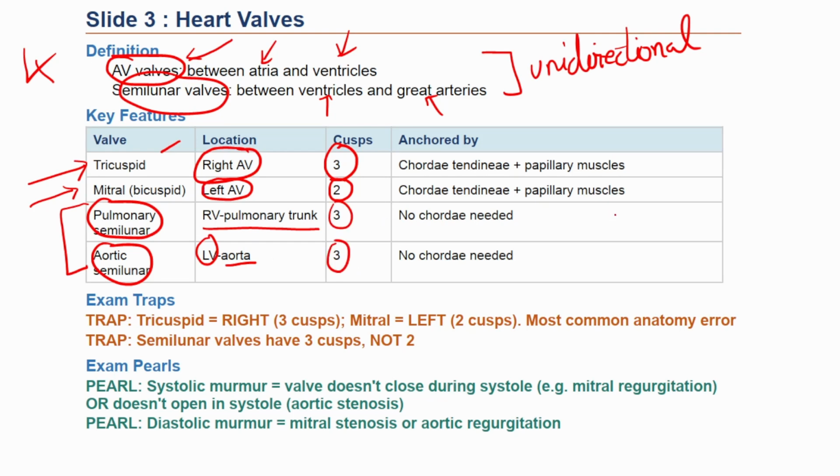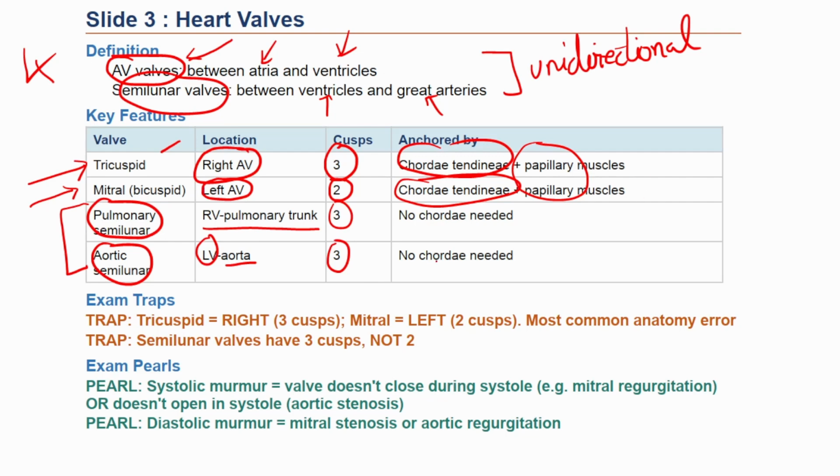Correlating with our diagram sequence, the free edges of the AV valve cusps are physically anchored by fibrous cords called chordae tendineae, which are routed directly into the ventricular walls via specialized papillary muscles. During ventricular systole, the papillary muscles contract alongside the ventricular myocardium, pulling the chordae tendineae taut to prevent the valve flaps from prolapsing or inverting backward into the low-pressure atria.